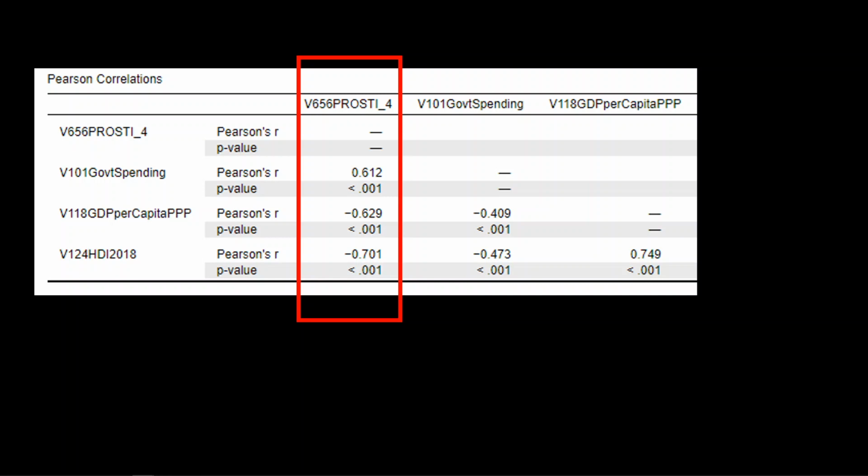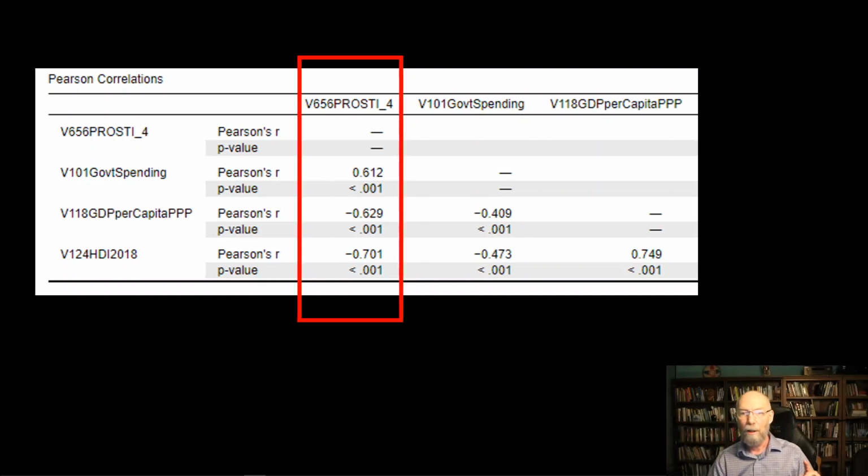Now, what that tells us is that we can explain 37% of the variation in the percent of the population who says prostitution is never justifiable from government spending. It's a bivariate result, but we can square it. 0.612 squared becomes 0.3745. So 37% of the variation in the dependent variable is explained by the government spending independent variable.